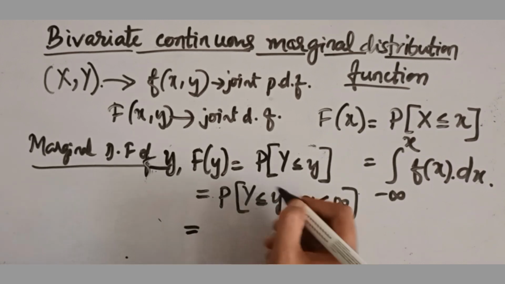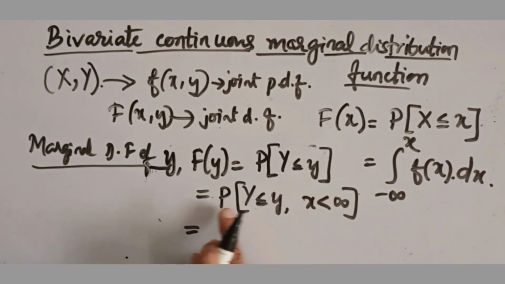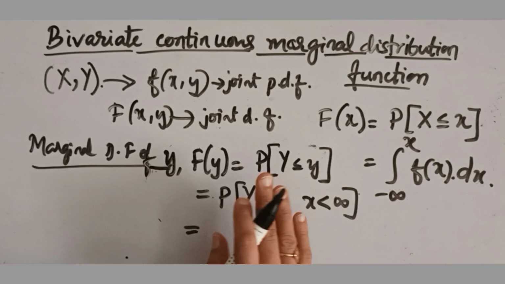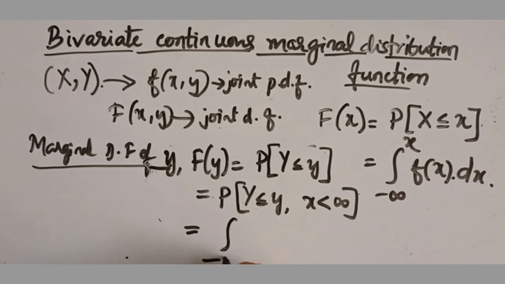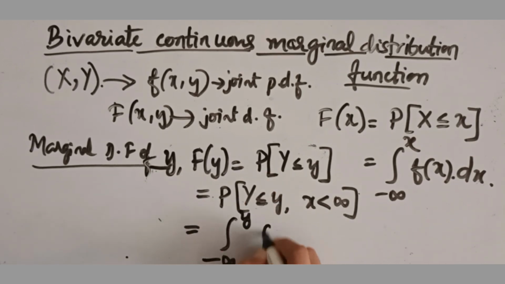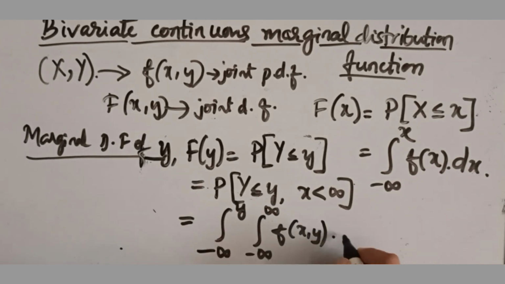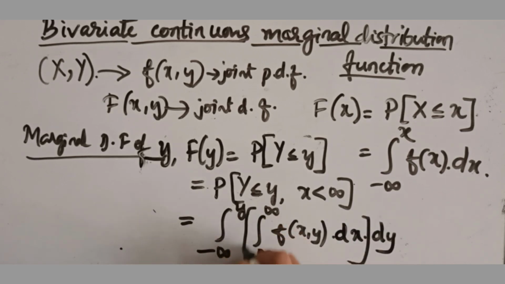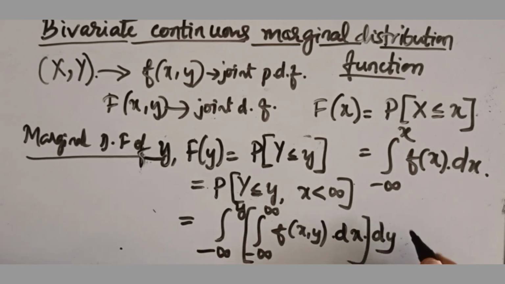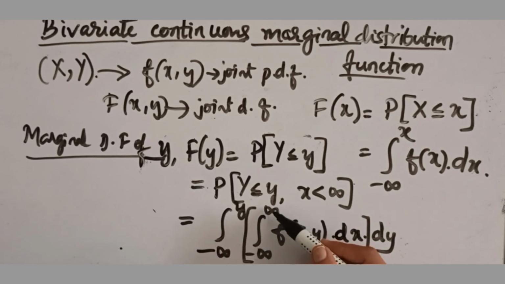Using the integral, it is the integral from minus infinity to y, then minus infinity to infinity of f of x comma y dx dy. Here dx comes first and dy next, because these are the limits of the variable x. That's why I have written dx first.